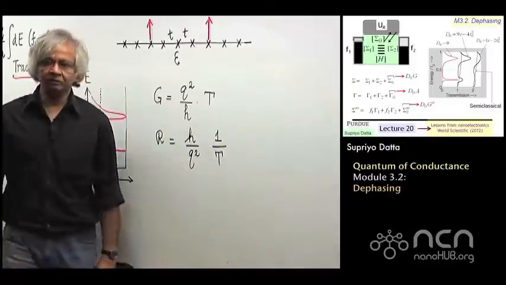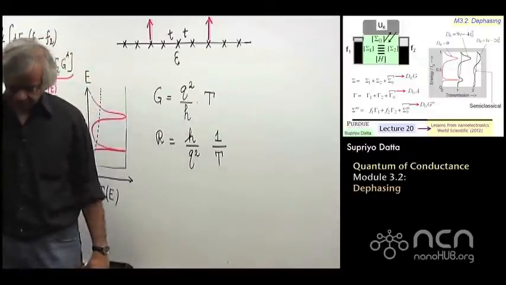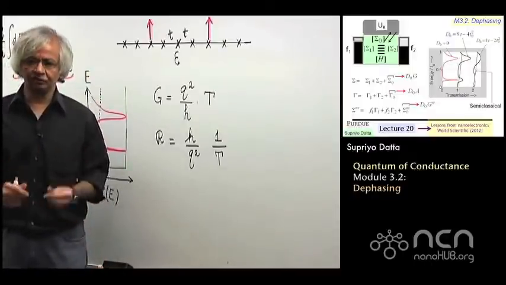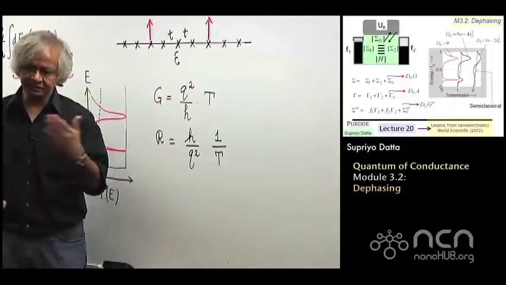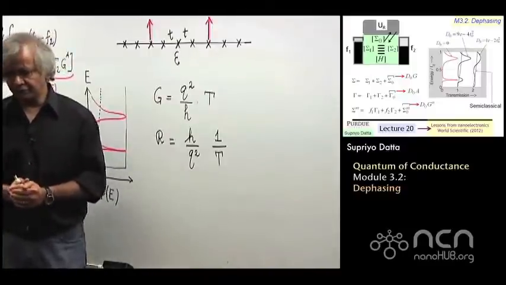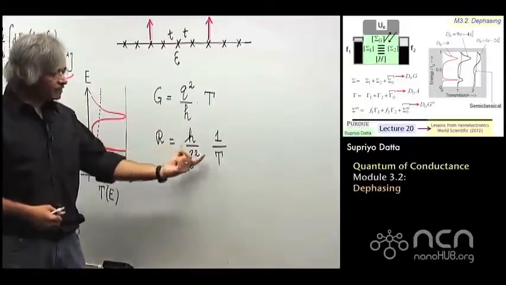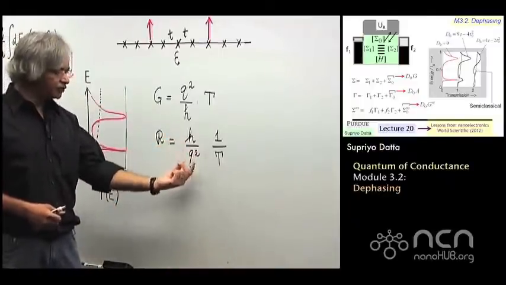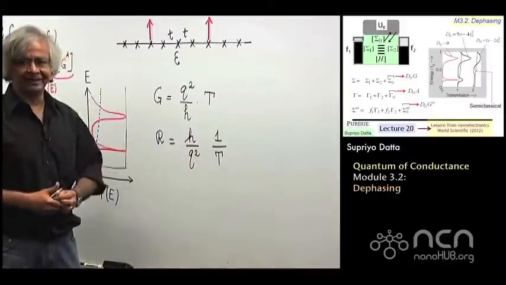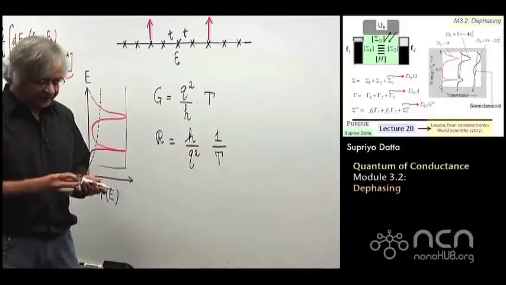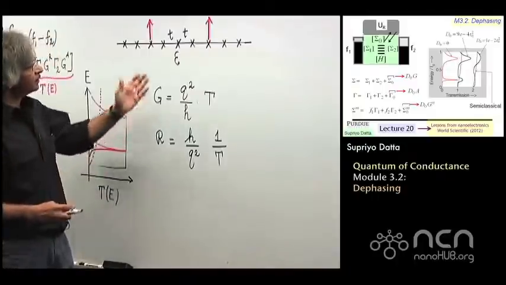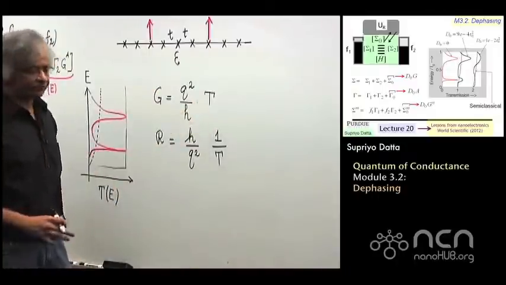One of the important points that we discussed a lot in part 1 of this course, and is discussed in the first 5 lectures of the notes, is that of this resistance, h over q squared is associated with the interface, and the rest is actually associated with the scatterer itself.